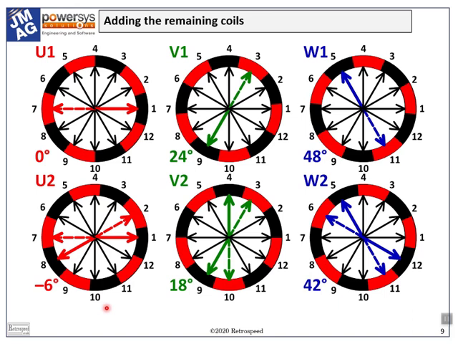Now, why did we do that? Well, we're looking for a way to incorporate the unused coils. And really what we've noticed is that when the coils in the top group are perfectly aligned with magnets, the ones in the bottom group are only 6 degrees out of alignment, which is 30 electrical degrees.